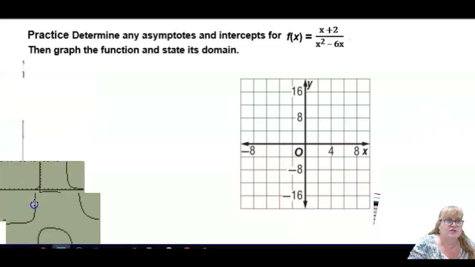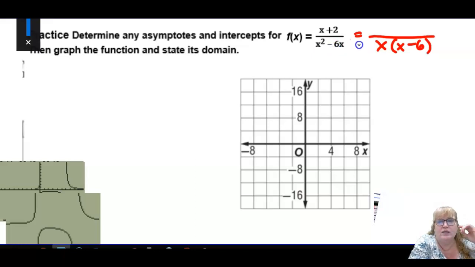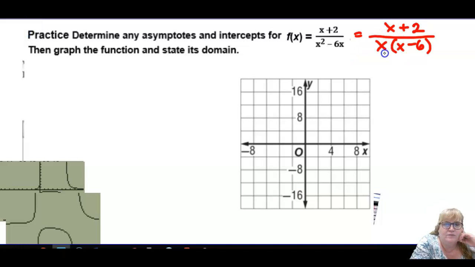All right, we're not going to look at this yet. We're just going to talk about the features of this graph. So the first thing we need to do is figure out the domain, and to do that we need to factor the denominator because there's an x squared in the denominator, which means that we have 2 vertical asymptotes.